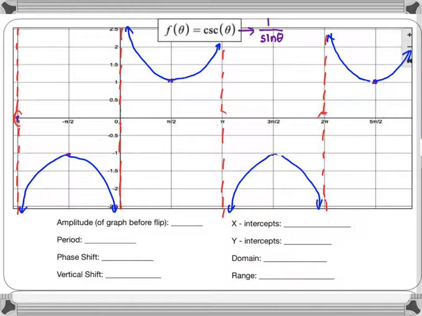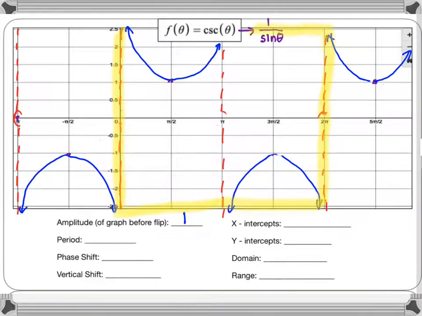So let's go ahead and take a look at what we've got going on here. The amplitude, it's not really an amplitude here, but it was the single distance between the peaks and valleys of the graph before we flipped it, and the absolute value of that. So that's just going to be 1. The period is going to be the exact same as the sine graph right here.